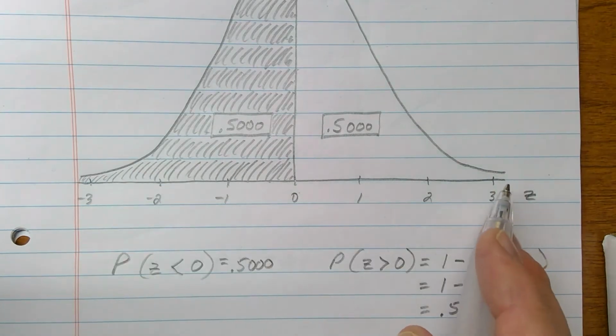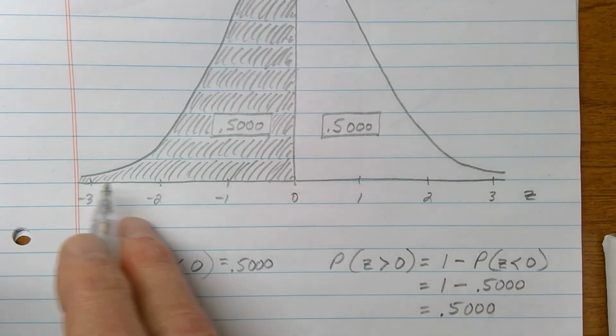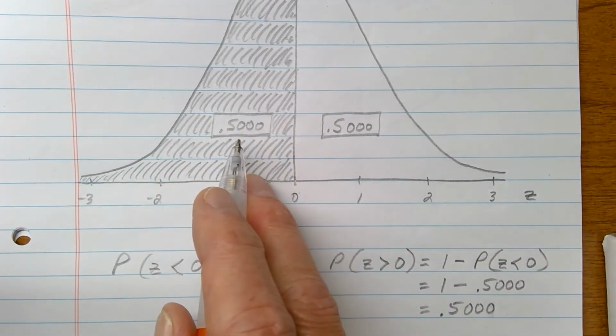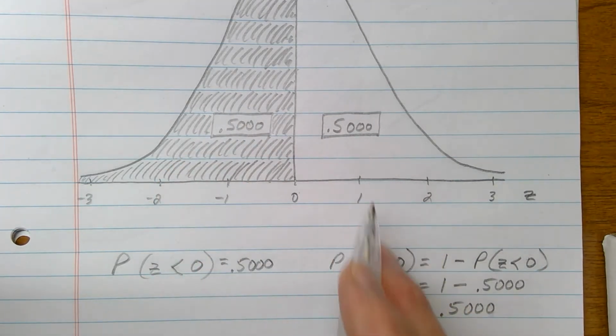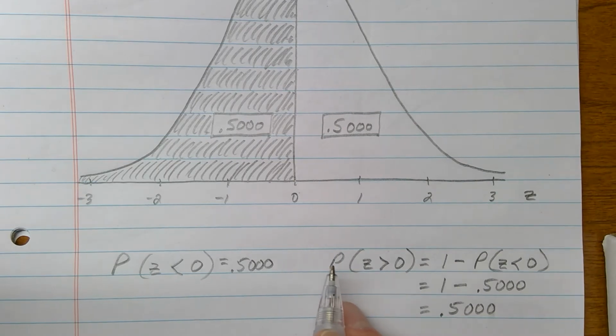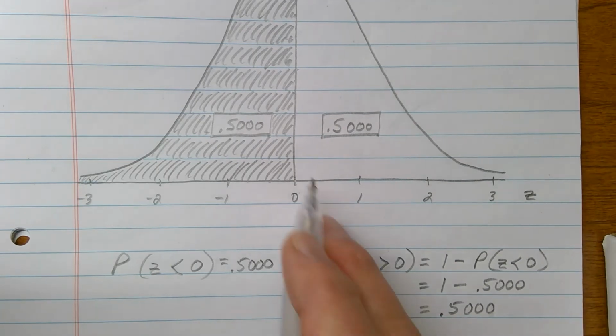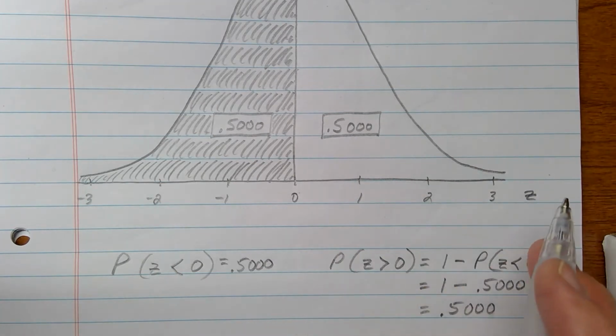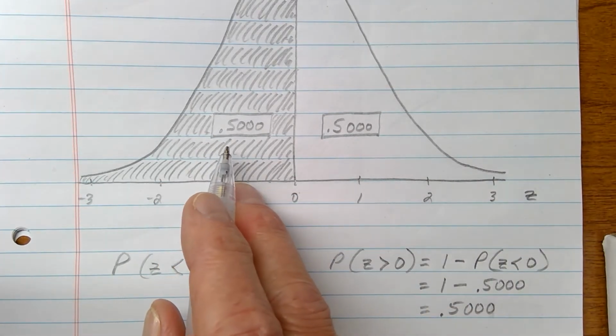So we're going to take 1, all the way out here is 100%, but I'm going to take away 50%, which leaves me with 50%. So when you're calculating probabilities to the right, when you're calculating probabilities that are greater than, you're going to start with 1 and subtract out the area to the left.